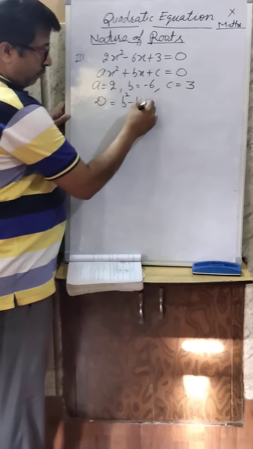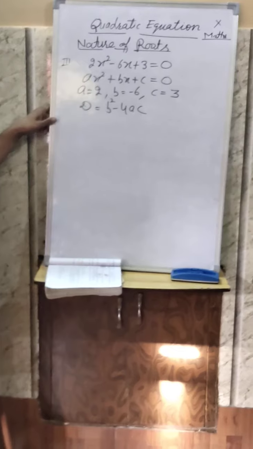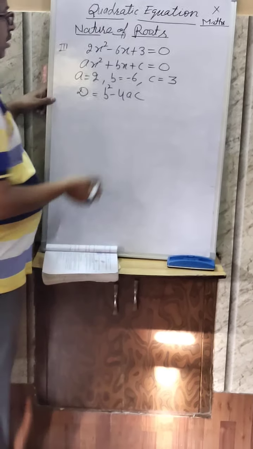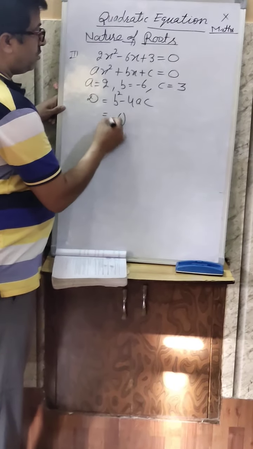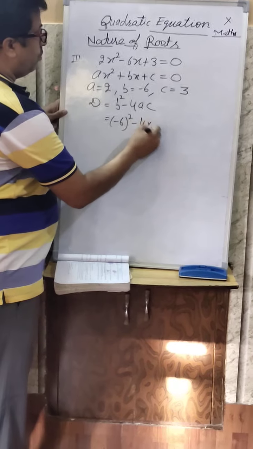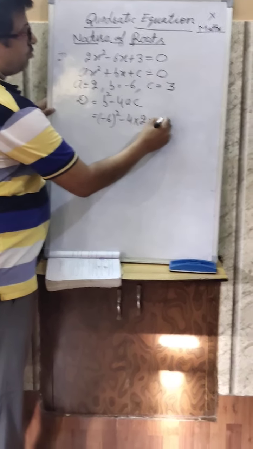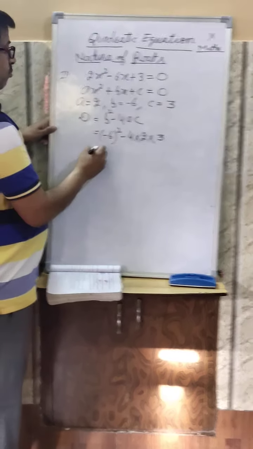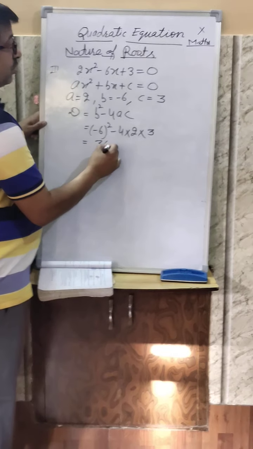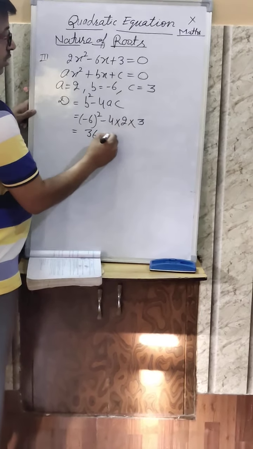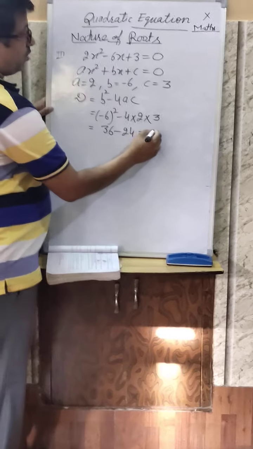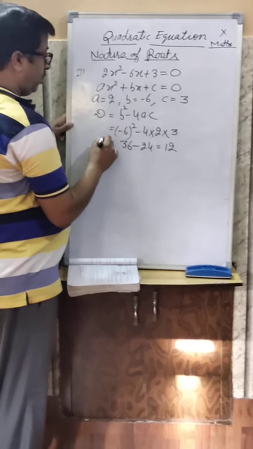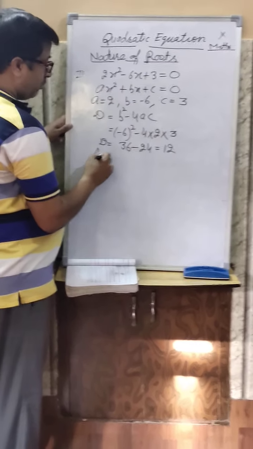Discriminant. b square minus 4ac, that value is called discriminant. So b square, minus 6 square, minus 4, a is 2, c is 3. So minus 6 square is 36, 4 twos are 8, 8 threes are 24, that is 12, and you see D is 12.